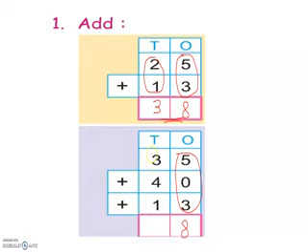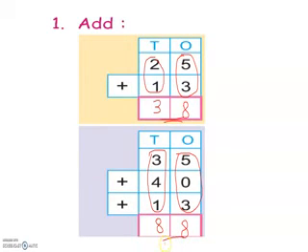Now we have to look at the next one. You have to add tens digits. First you have to add 3 and 4. What is the answer? 3 plus 4 is? Yes, 7. Then you have to add 1 to 7. 7 plus 1 is 8. So our answer is 88.